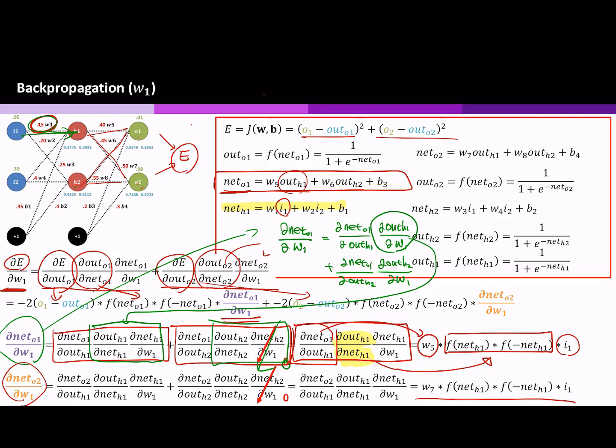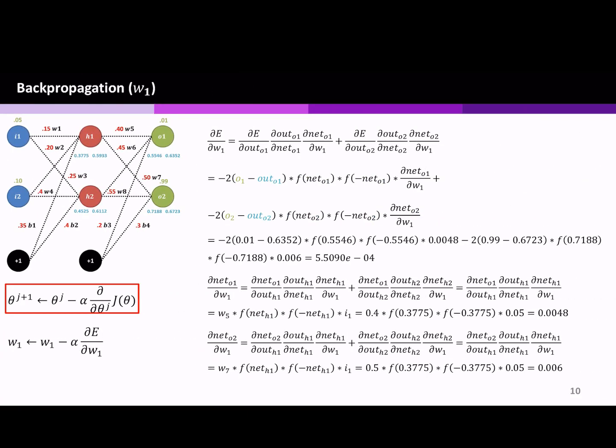So again, all these values come from your input, the values in the neurons, and the weights that we computed in the forward process.